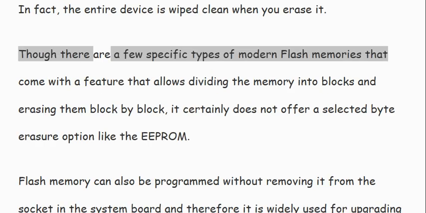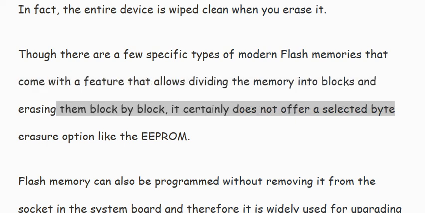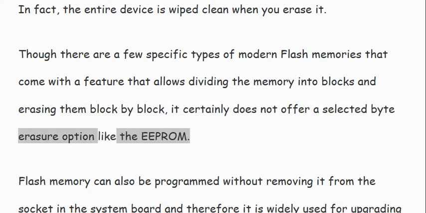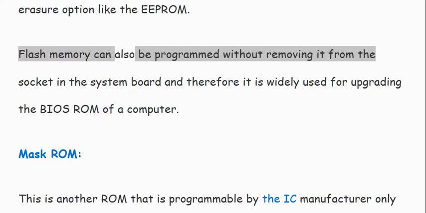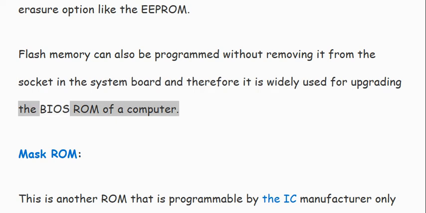Though there are a few specific types of modern flash memories that come with a feature that allows dividing the memory into blocks and erasing them block by block, it certainly does not offer a selected byte erasure option like the EEPROM. Flash memory can also be programmed without removing it from the socket in the system board, and therefore it is widely used for upgrading the BIOS ROM of a computer.